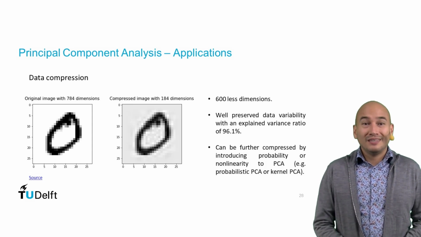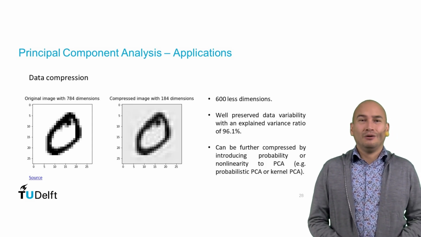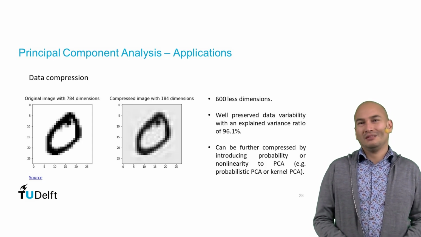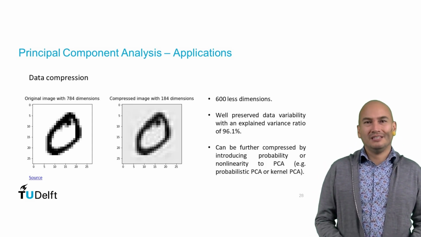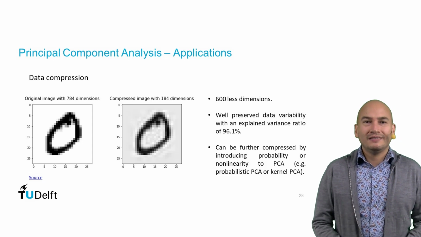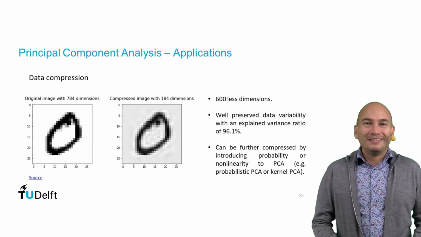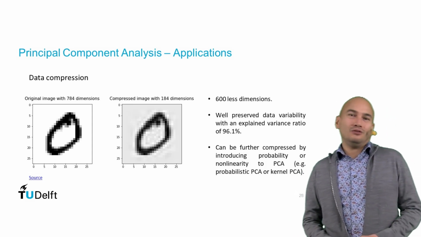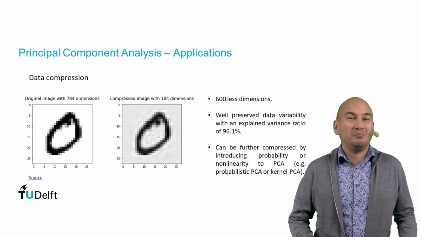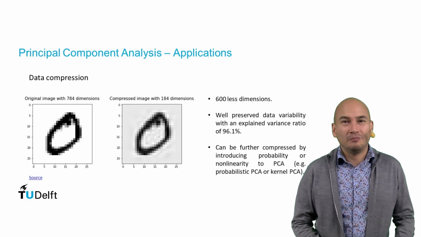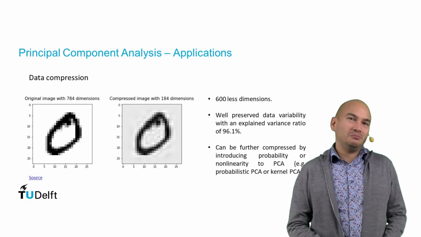Here PCA reduces 600 dimensions from the original image, while preserving the data variability with an explained variance of about 96%. You can still tell it is a 0 from the compressed image. Note that the dimension can be even further compressed by introducing probability or some nonlinear PCA, for instance, probabilistic PCA or kernel-based PCA.